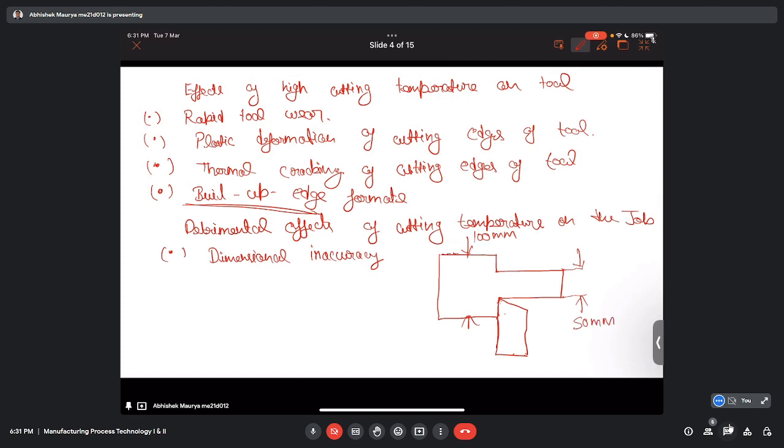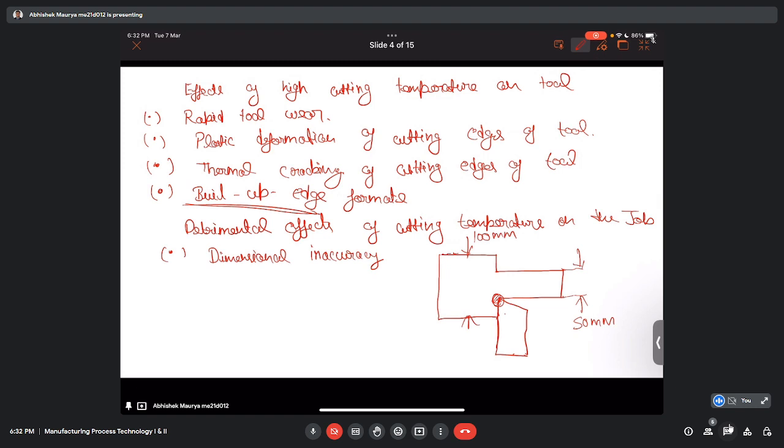If the cutting velocity is too high, then the temperature rise is too much. So if temperature rise is too much, then what will happen? What if we just focus on this region?